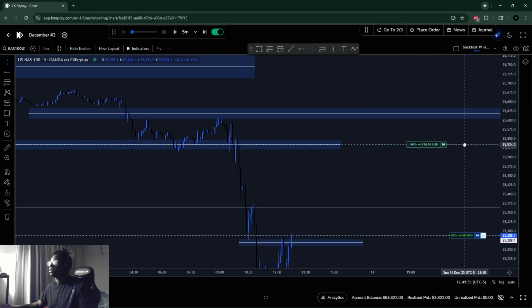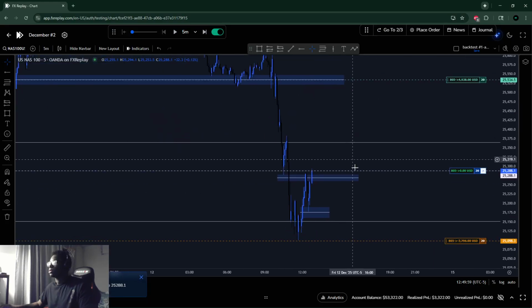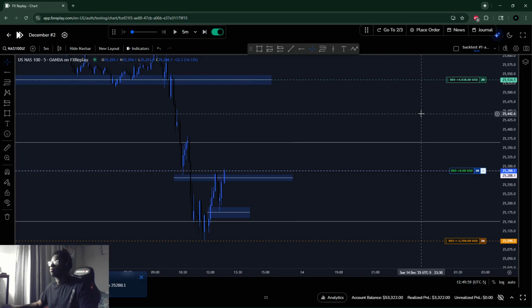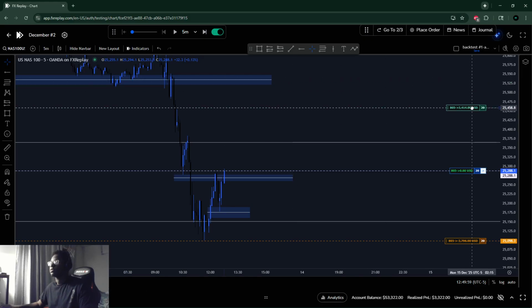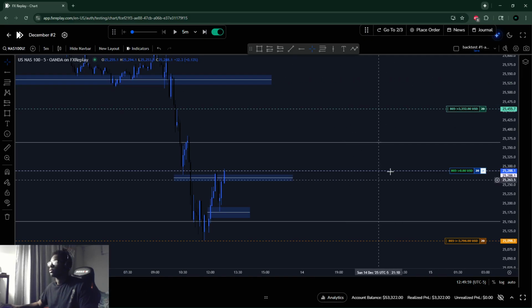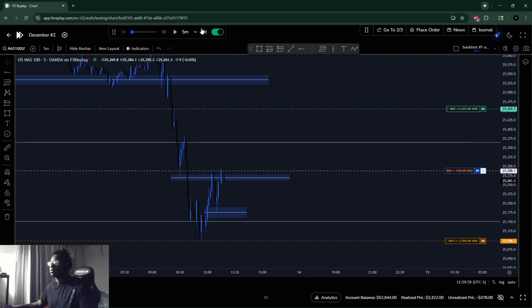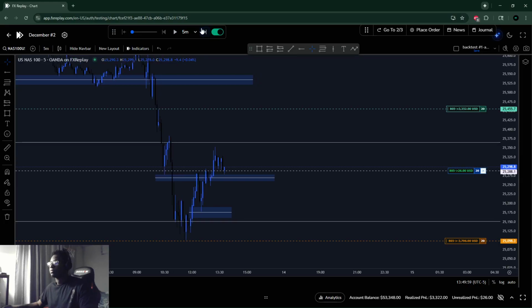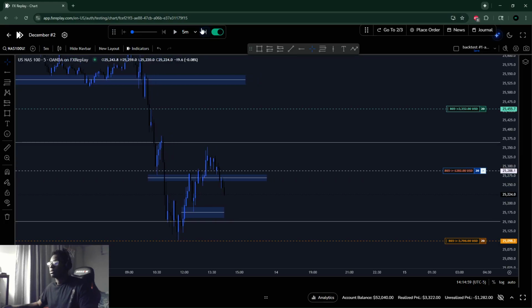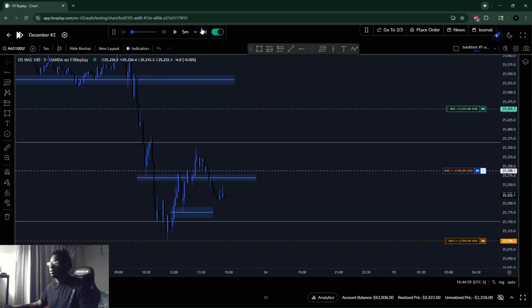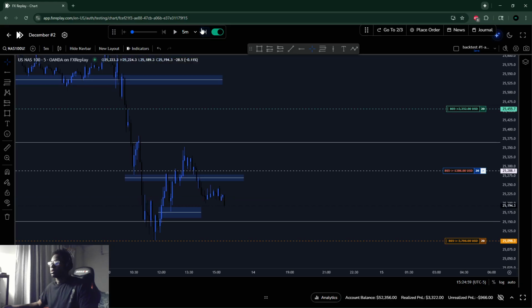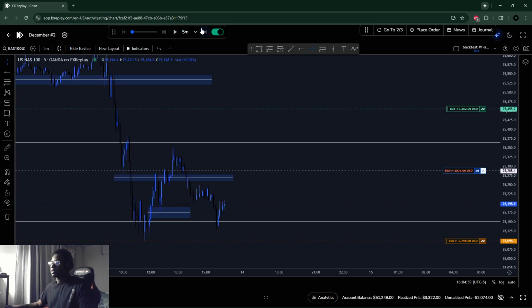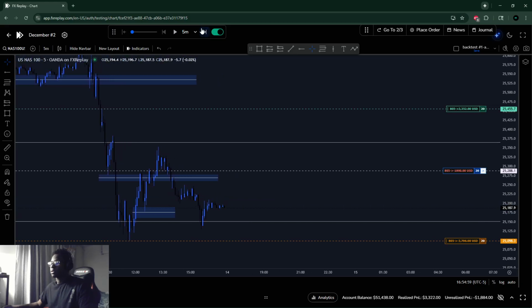I want to see it go up to there. It's too high. 1 to 1. Yeah. There we go. Alright, so probably gonna get stopped up here.